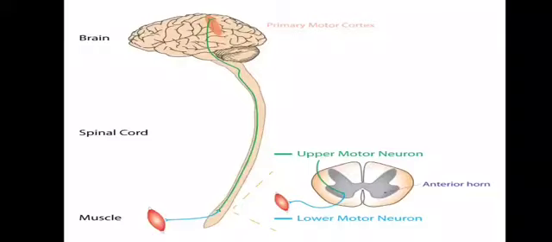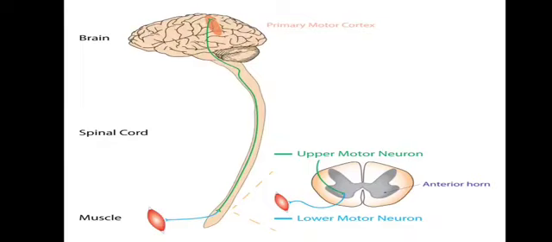Let me explain this with the diagram. This is the brain, and we can see the spinal cord descending from the brain, and from here the innervation will terminate in the muscle. The upper motor neuron is this green structure. From the higher centers, it will descend down through the spinal cord and end in the spinal cord.